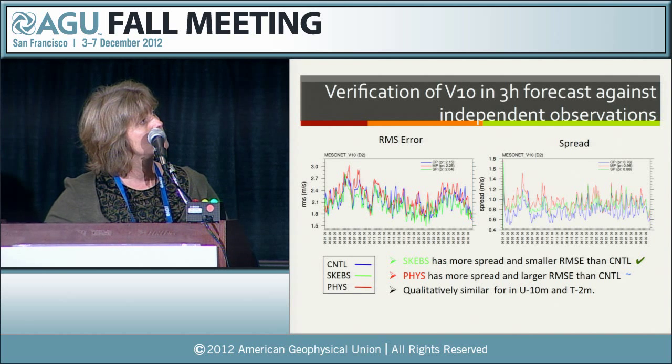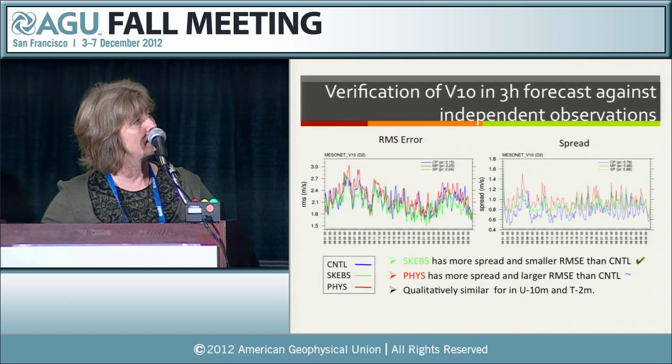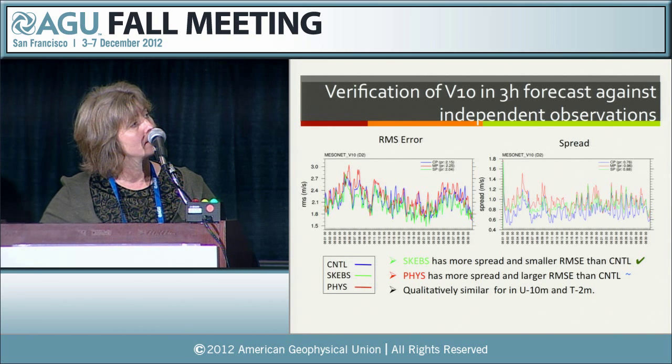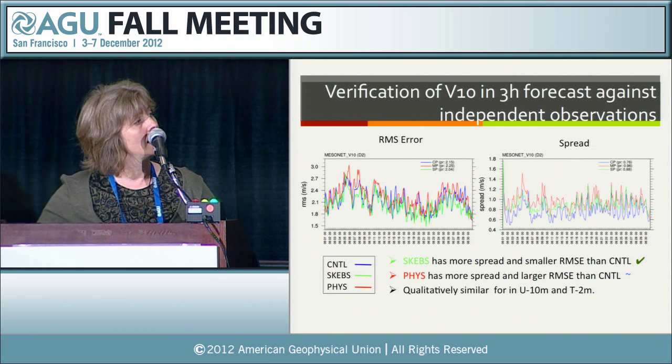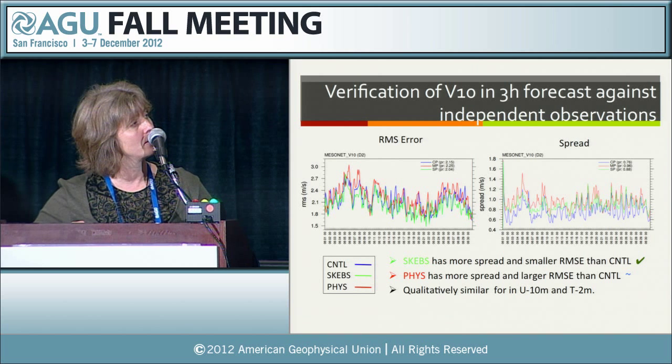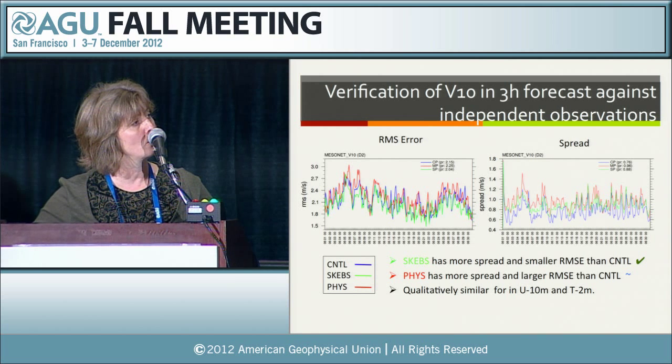This is now just shown for meridional wind at 10 meters. And we can see that indeed there is more spread if you have a model error representation. If you look at the RMS error, we actually are in the situation that with the SCAP scheme we have more spread and smaller RMSE, which is what we want.